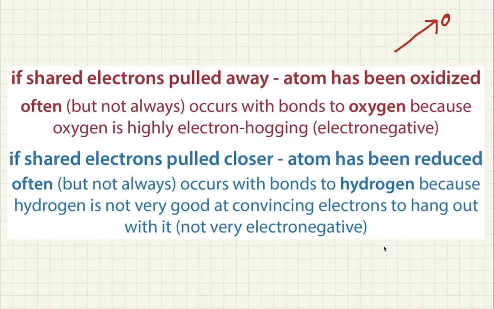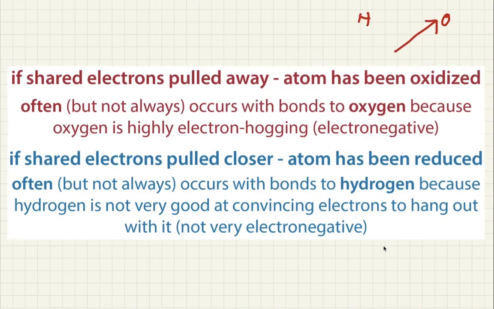So oxygen is almost always going to win the battle. And at the lower end, we have hydrogen, which is often going to lose the battle. So typically, if you form a bond to oxygen, or if you form more bonds to oxygen, you're going to have electrons pulled away. So this is why oxidation is often, but not always, associated with bonds to oxygen.